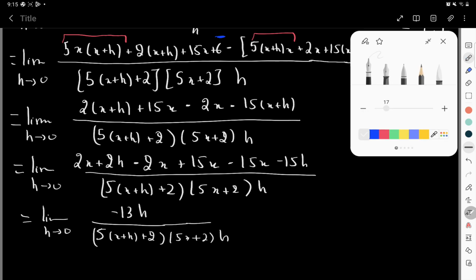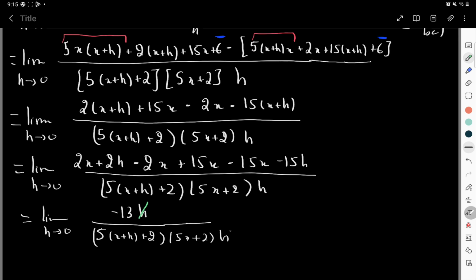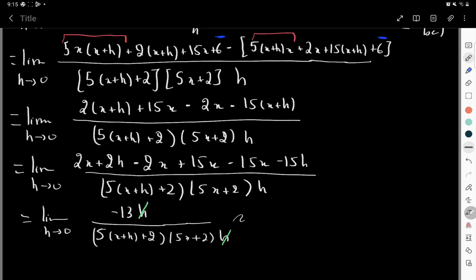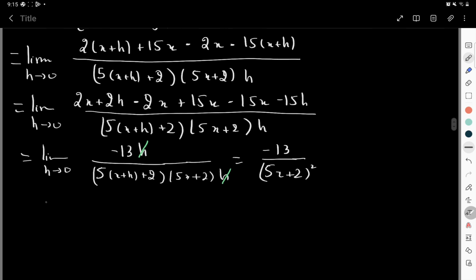Of course, I will do it quickly here because you know what the limit rules are. I'll cancel the h out and then evaluate the limit by just plugging in h equal to 0, and we get minus 13 over 5x plus 2 squared.